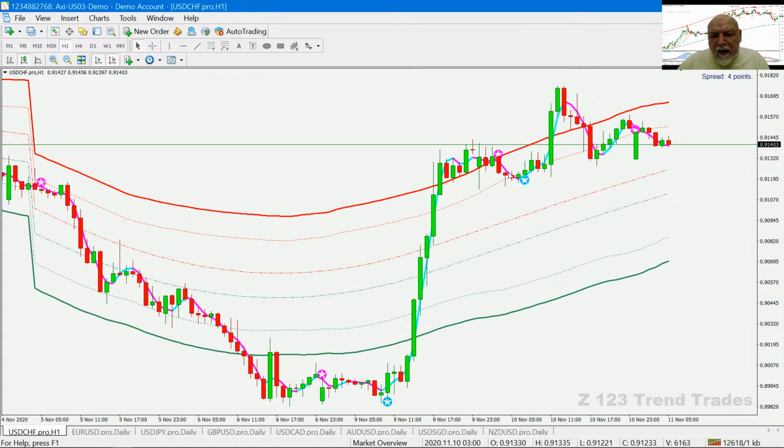The only issue here is, what is the channel telling me? The channel is telling me that price probably wants to continue to go up. There's a lot of strength to the upside. Here is another reversal, and I would have to get more confirmation that I'm going to take this.